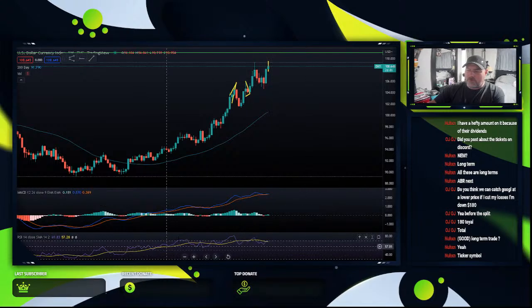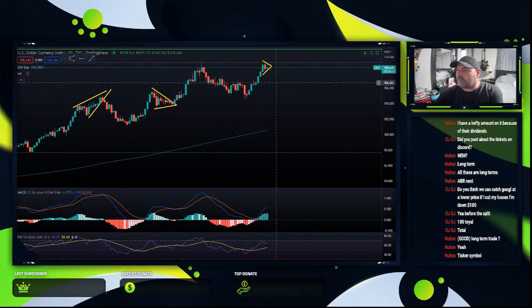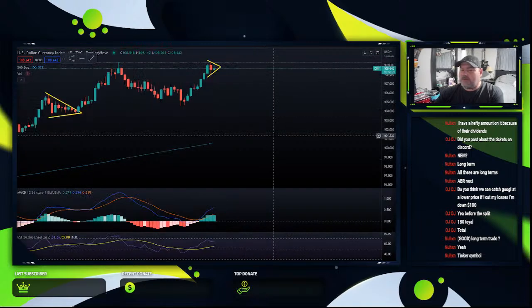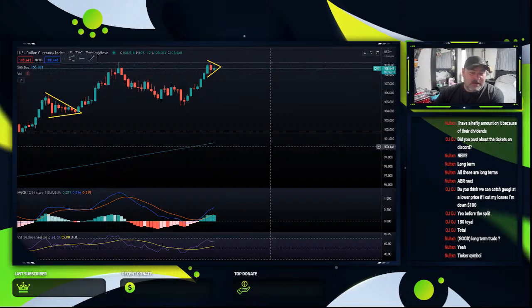We keep getting into oversold 1, 2, 3, 4, 5, 6 times just since December of 21. That's a lot on a weekly scale. And that triangle right there. Yeah, man. So dollar looks to be going up this week.